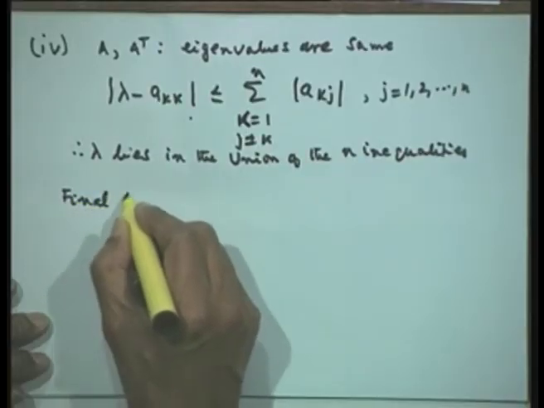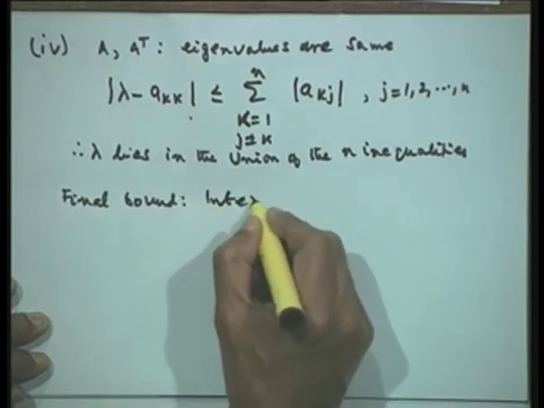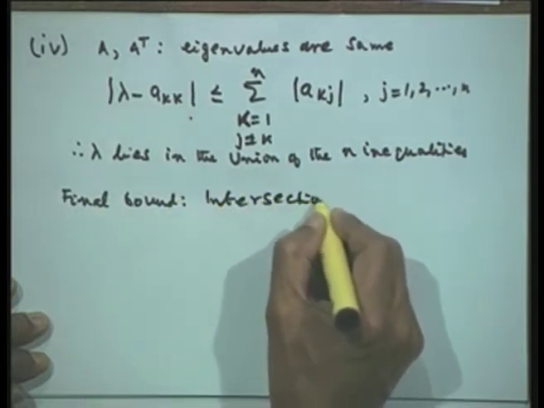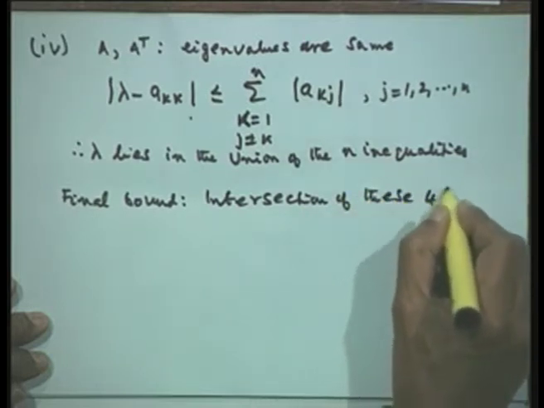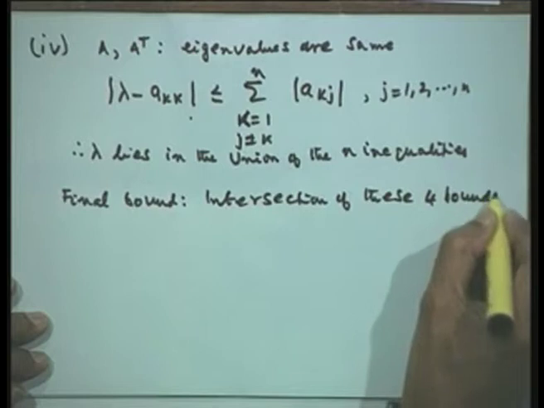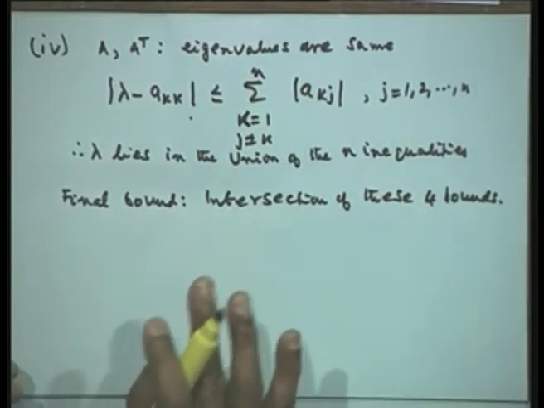Therefore, the final bound will be the intersection of these 4 bounds.